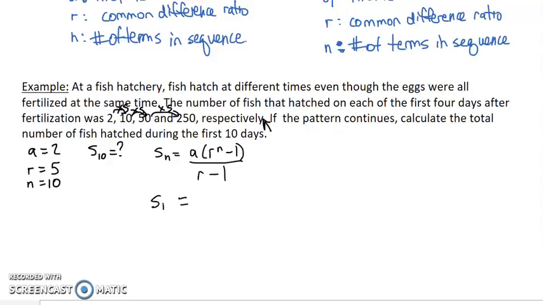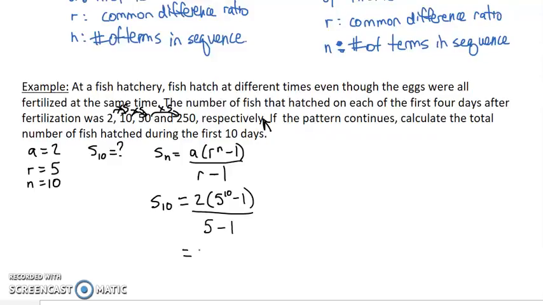And so we're calculating S10 for the first 10 days. The first day 2 fish were born, and then every day after that we had 5 times as many fish. Raise that to the power of 10 over the 10 days. Minus 1. Divide that by 5 minus 1.